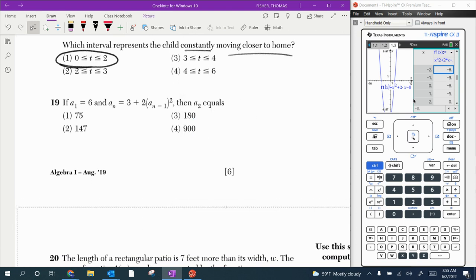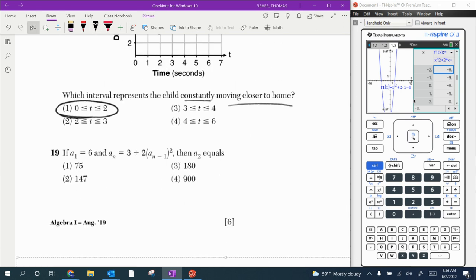These sequence questions always look really tricky because of the way that the wording or just the recursion here. This is a recursive formula. So it says A2. So A2 is based on A1. So A2, that would mean that n equals 2. So A2 would equal 3 plus 2 times A2 minus 1 squared.